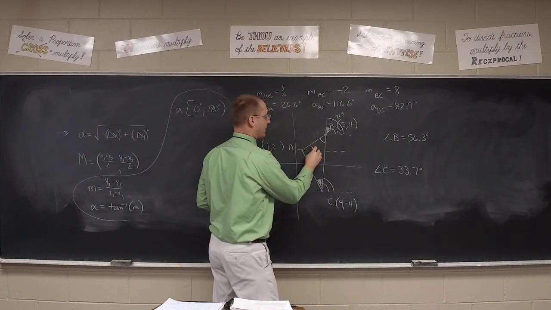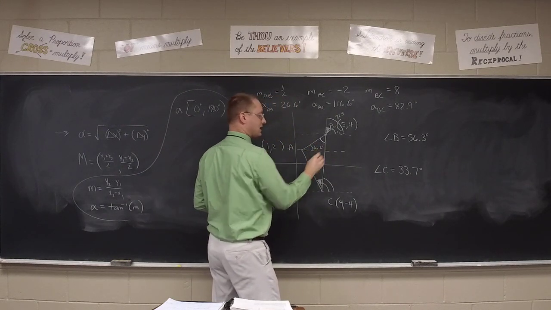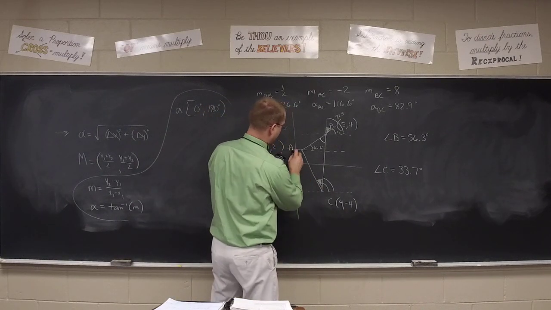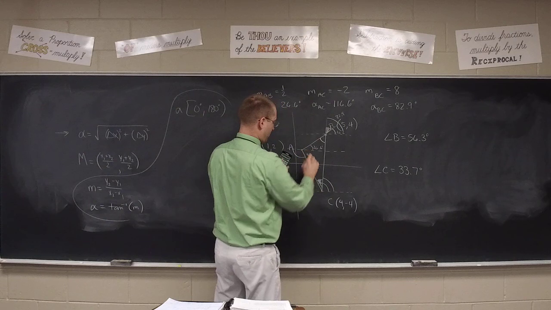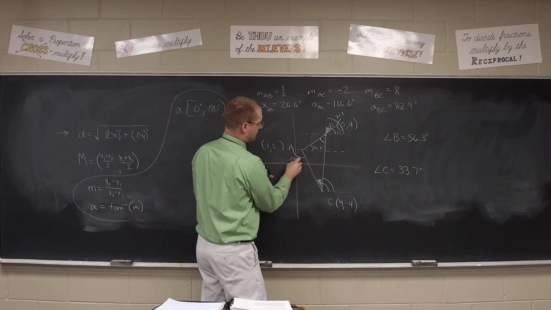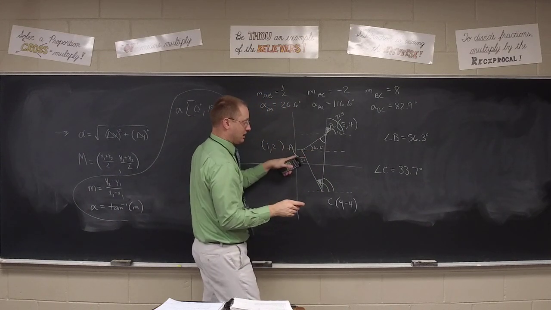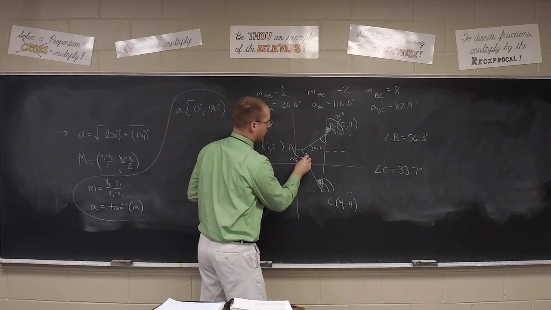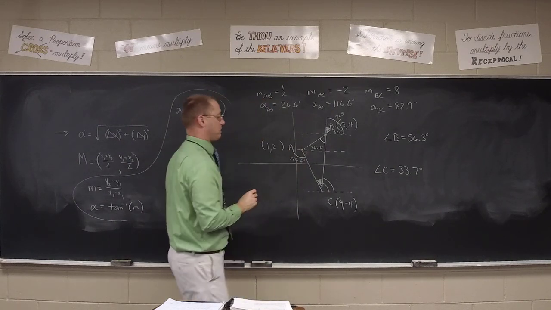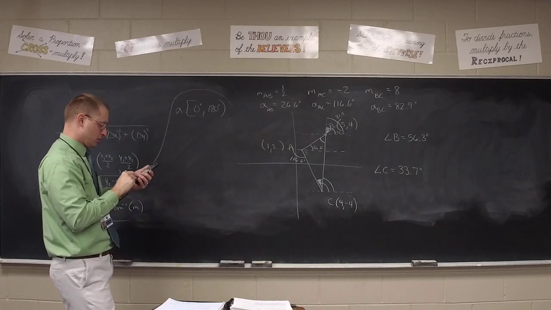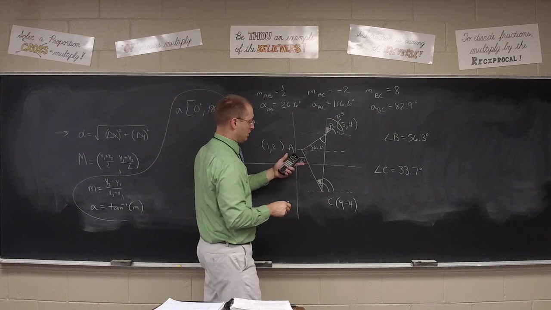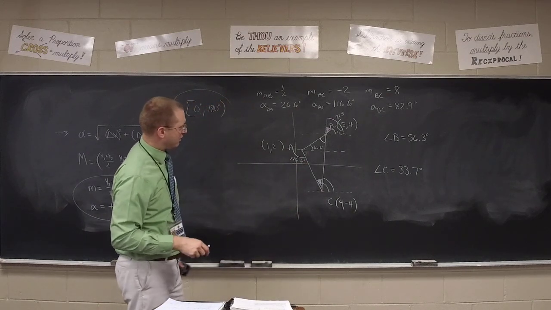Then finally for angle A, what we already know right here is the 26.6 degrees. We also know that this angle is 116.6 degrees here. How much is left for this little piece? 36.8 degrees. How much? 36.8. That's not what I have.